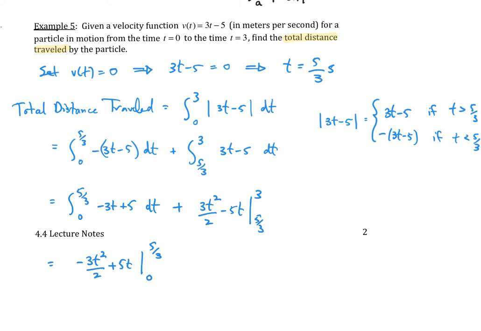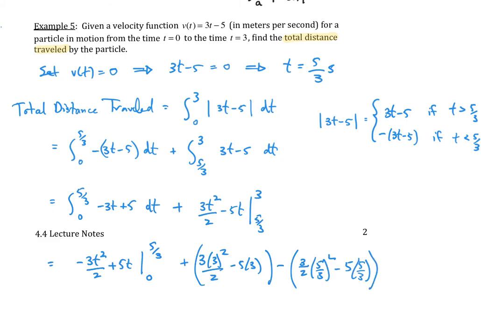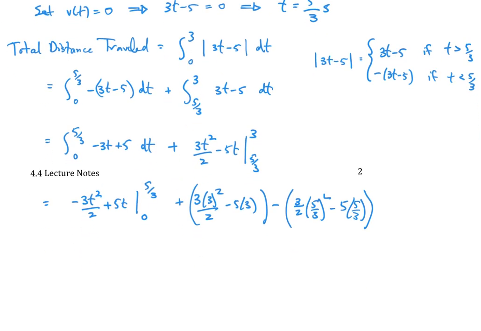All right, so now I can substitute my values in. So we're going to have 3 times 3 squared over 2 minus 5 times 3, let's put that in parentheses, minus the first piece.